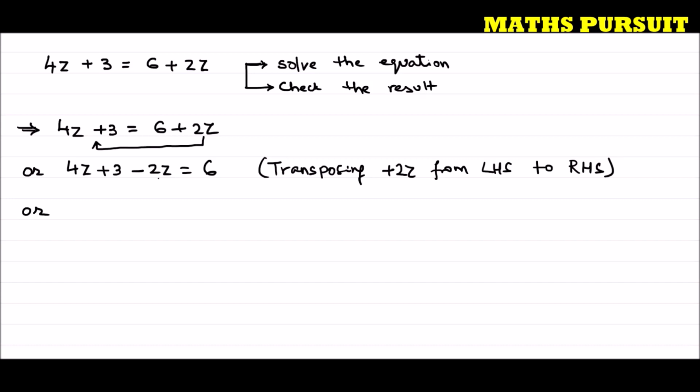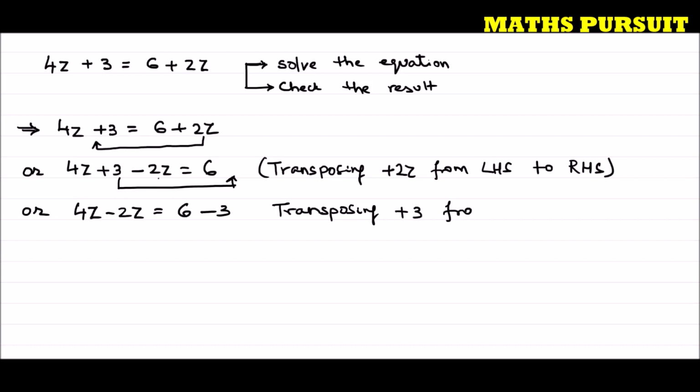Or I can write 4z minus 2z is equal to 6 minus 3. What am I doing here? I am just moving this 3 to the right side of the equation. That means again I am transposing plus 3 from the left hand side to the right hand side, so it became negative 3.